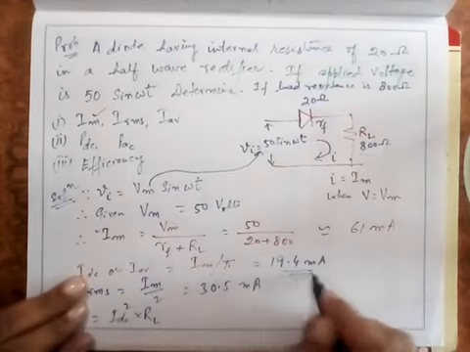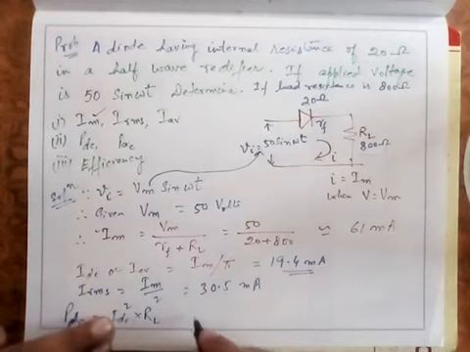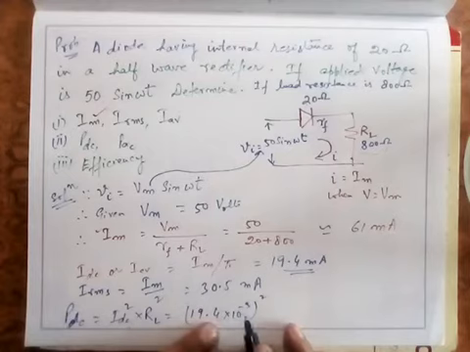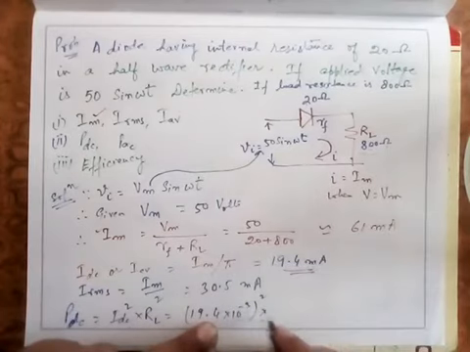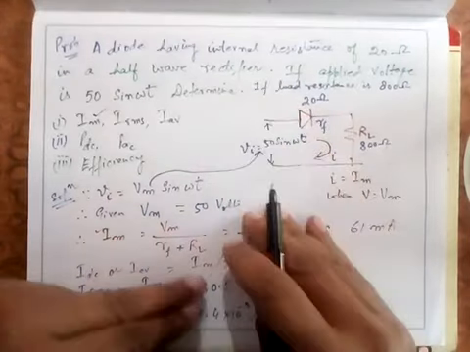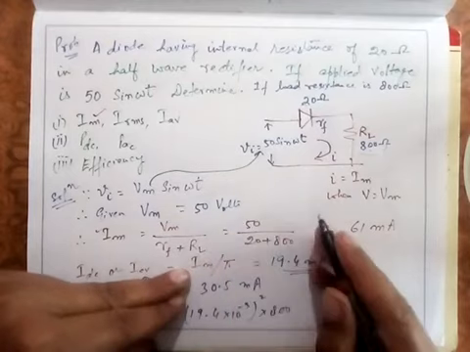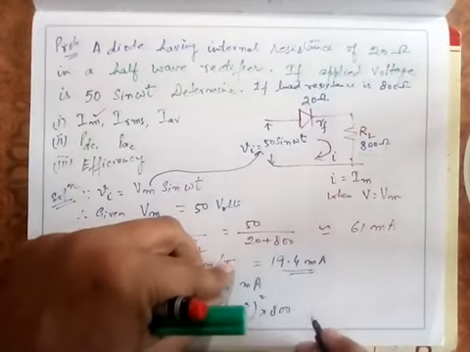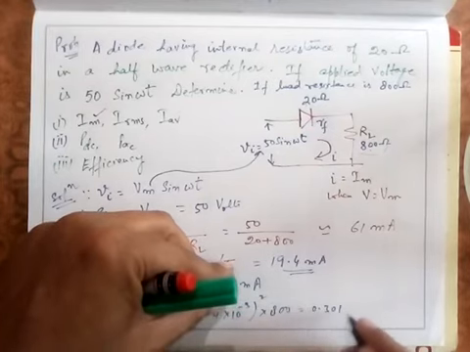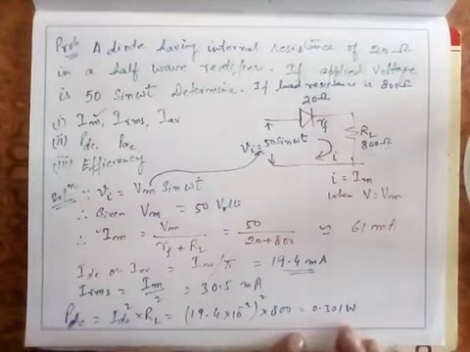IDC square, so it is 19.4, of course in ampere it will be 10 to the power minus 3, 19.4 whole square, into RL. RL is 800. So you can find the value of PDC from here. As per my calculation, it is approximately equal to 0.301 watt. I wanted to cross check these results, please.